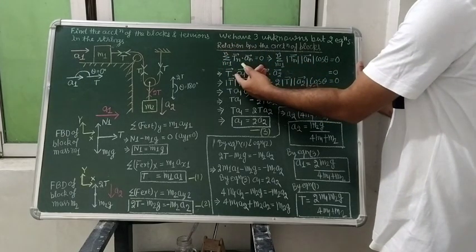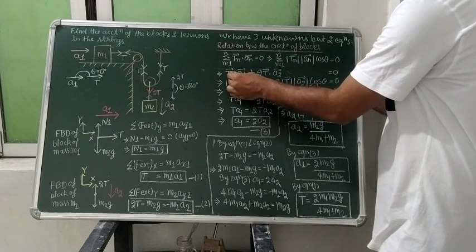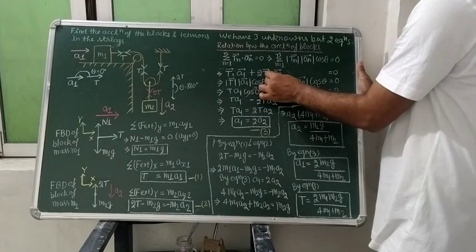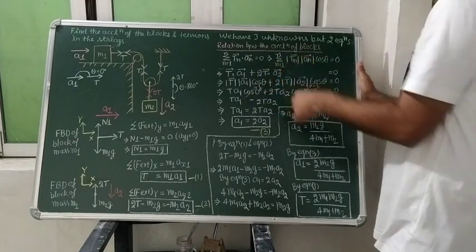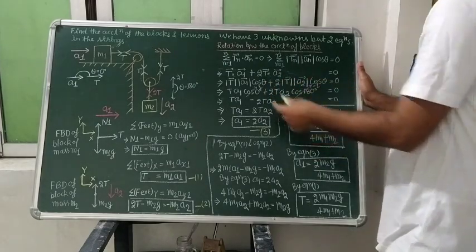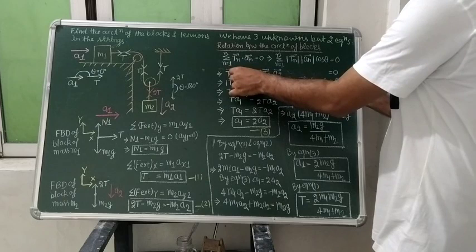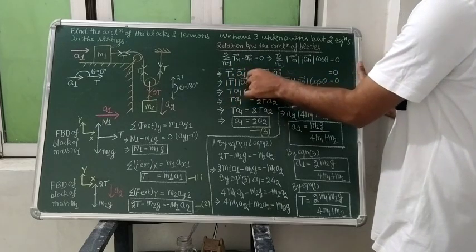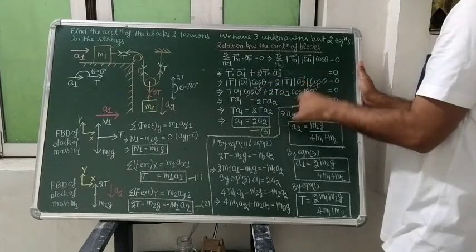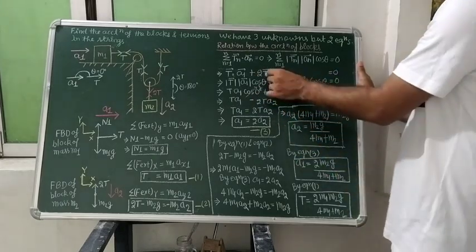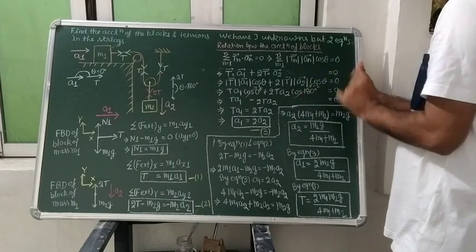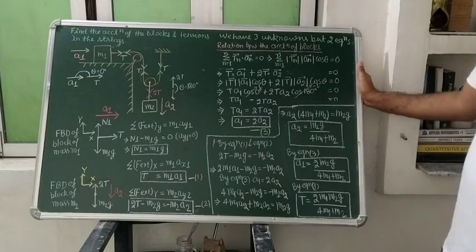vector T dot a1 plus 2T dot a2 should be equal to 0. So when you remove the dot, you will get cos theta here, and this will become the magnitude of T multiplied by the magnitude of a1 times cos theta, plus 2T, the magnitude of the tension multiplied by the magnitude of the acceleration times cos theta, that should be equal to 0.